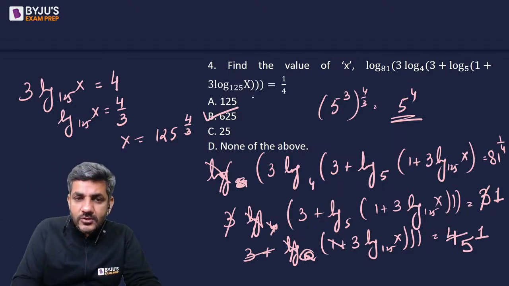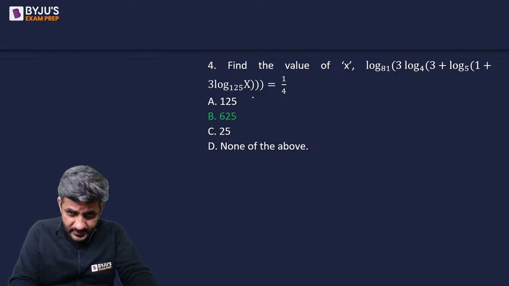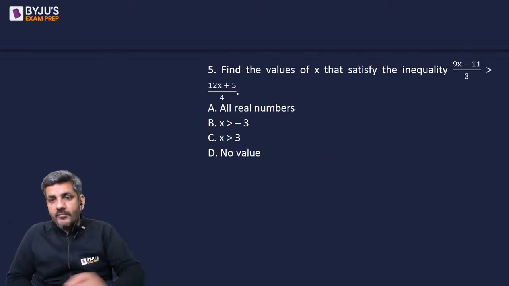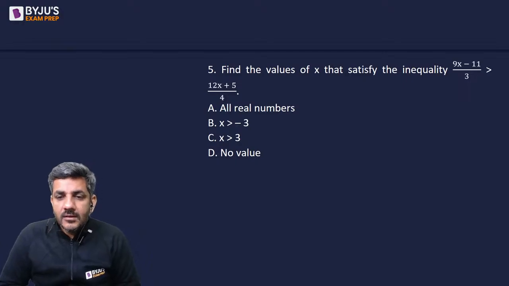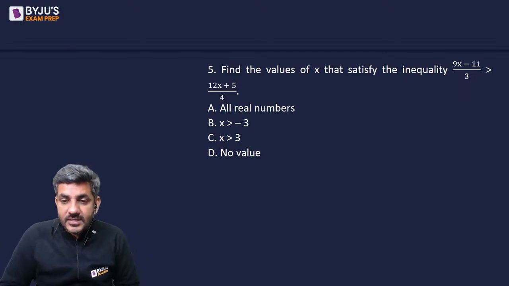I'll move ahead now to the next question. Question number 5 on your screen is here. Let us see who does it fastest. Question number 5 now.